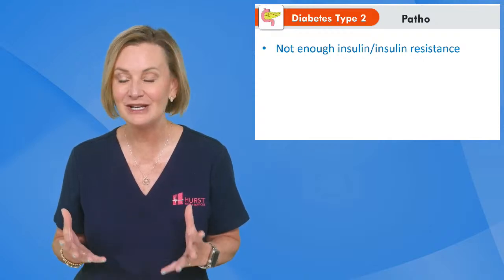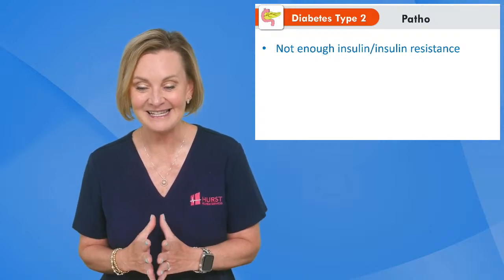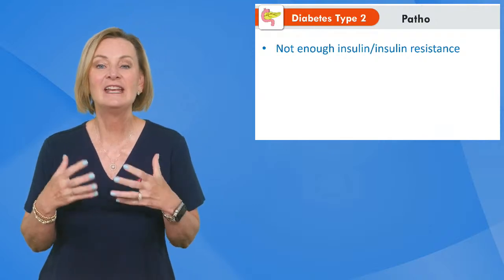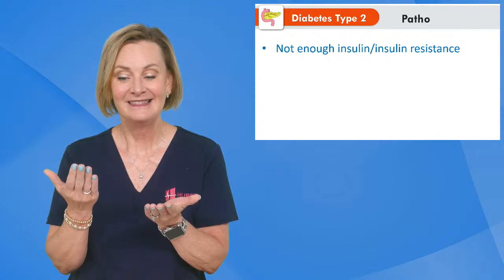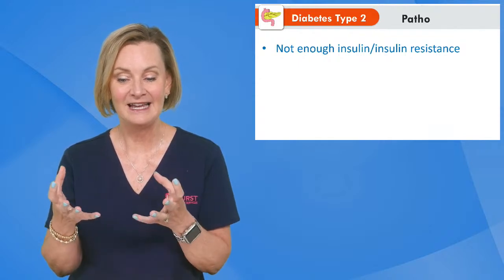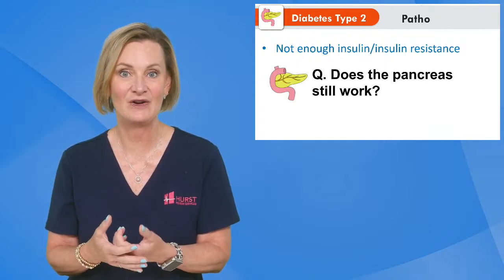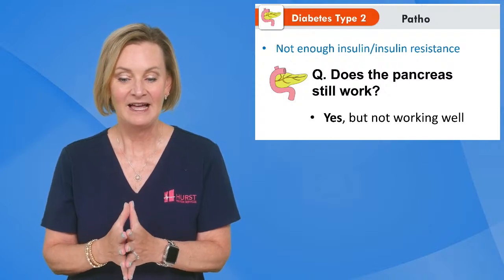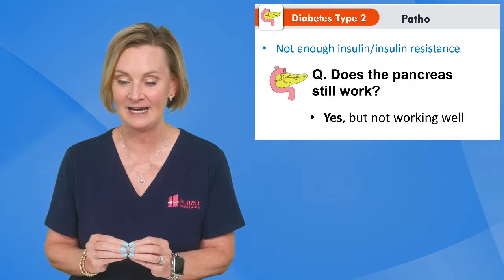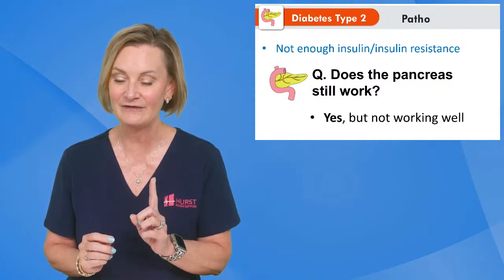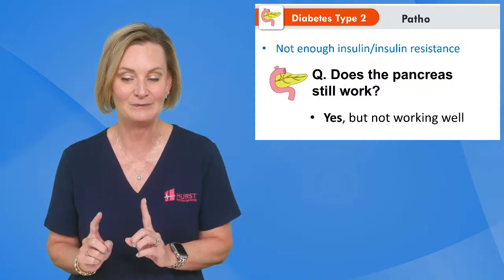What do you think? What do you remember? Yes, it's working a little bit. They don't have enough insulin, but they typically have enough insulin to keep them from breaking down their fats. This is one of the key differences in type 1 and type 2.